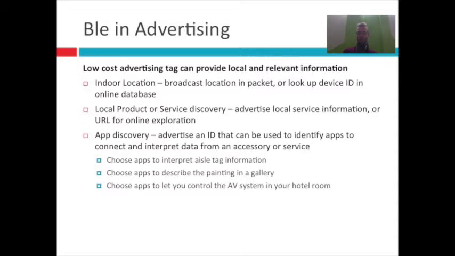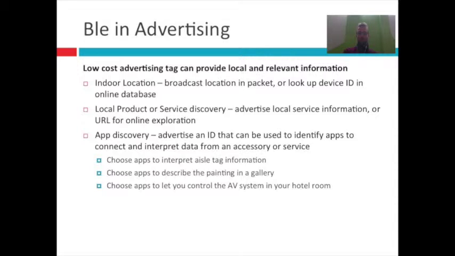We can also use it for local product or service discovery, for example, advertising local service information or a URL for online exploration. And you can use it for app discovery. Advertise an ID that can be used to identify applications to connect to and interpret data from an accessory or service.